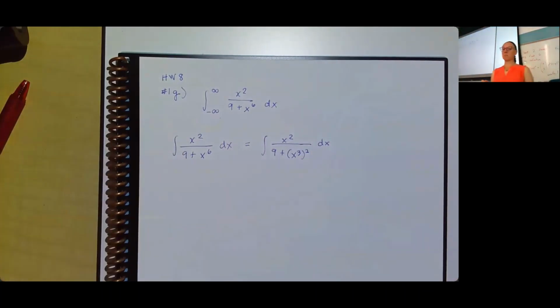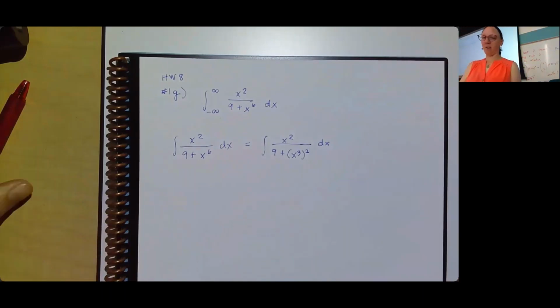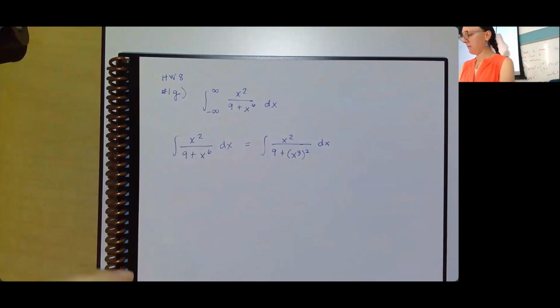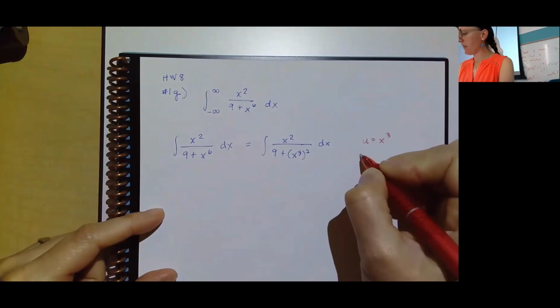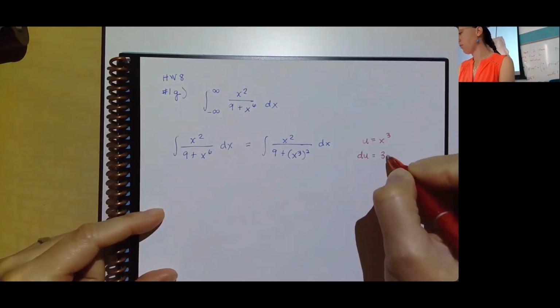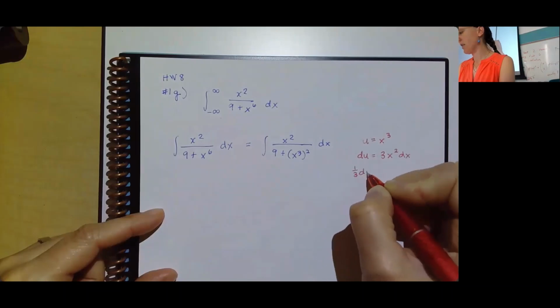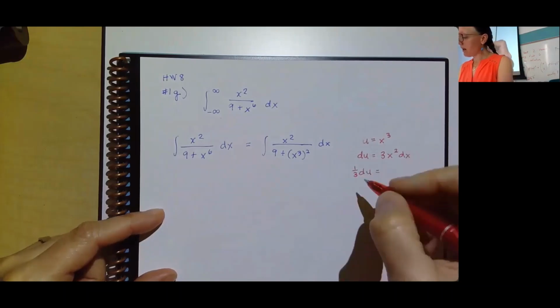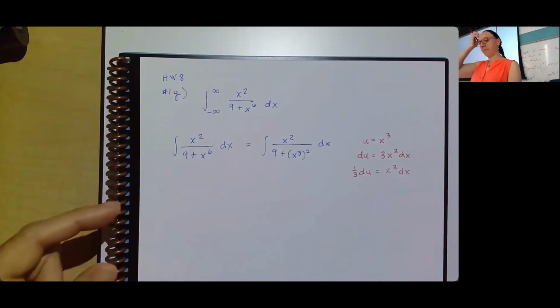And now I've got a U substitution that's going to magically appear for us. And if I allow U to equal x cubed, then du would be 3x squared dx, and 1/3 du would be x squared dx.